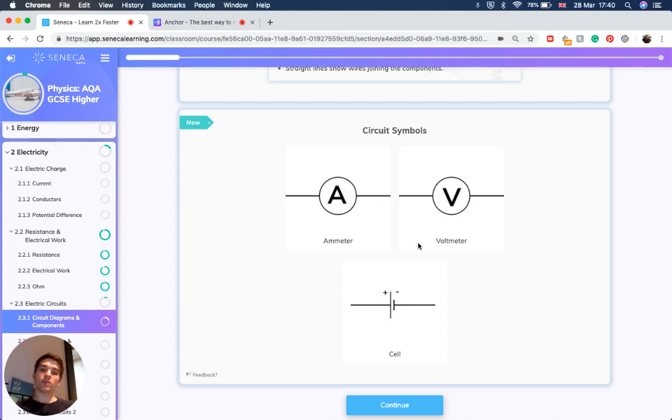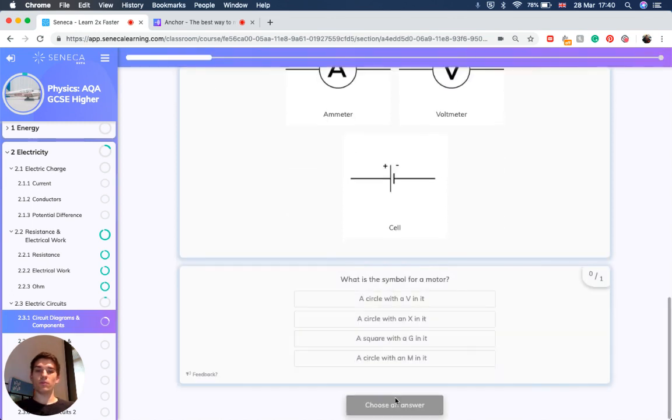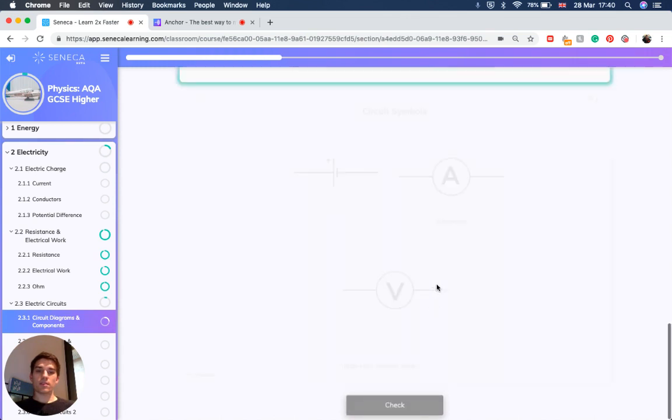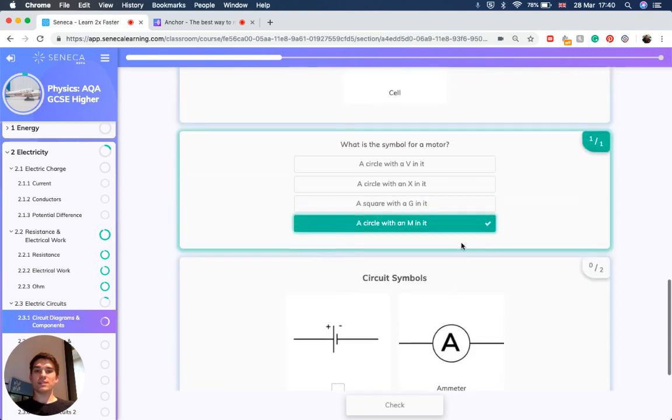So, some really important circuit symbols are ammeters, with a capital A in a circle, voltmeters, a capital V in a circle, and cells, which have the wires coming in and then a long vertical line and a short vertical line next to each other with a gap in the middle. If we want to know the symbol for a motor, it's quite easy to guess.